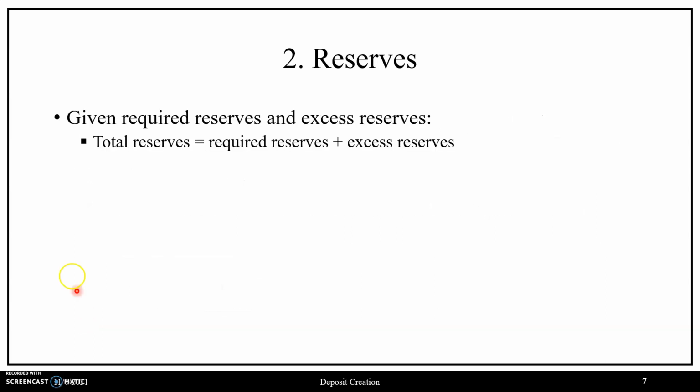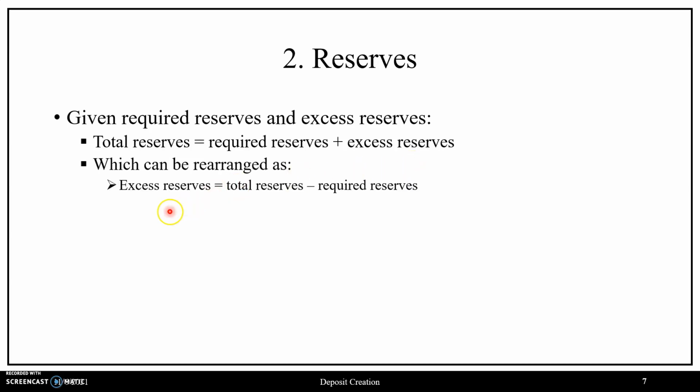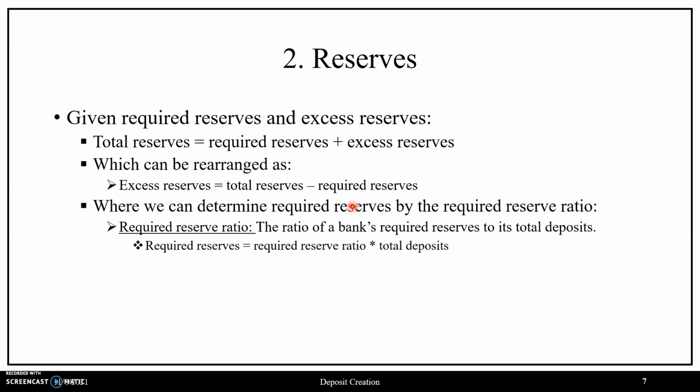Given the distinction between excess and required reserves, we can state total reserves as the sum of required reserves and excess reserves. Through some rearrangement, we can express excess reserves as the difference between total reserves and required reserves. In terms of required reserve calculation, the required reserve ratio given by the Federal Reserve is the amount that the bank needs to hold with respect to their total deposits, where total deposits are the sum of checking and savings account balances from our consumers and firms.